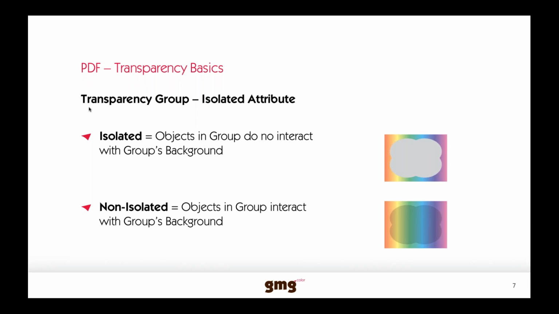Let's have a look at transparency groups, for example. I don't know if you know this isolated attribute. In InDesign, for example, you can give the objects two attributes: isolated or non-isolated. If you work with isolated objects, the objects in the group do not interact with the group background.